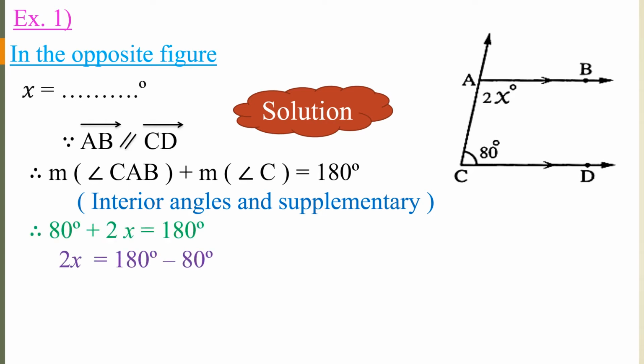Then 80 degrees plus 2x equals 180, so 2x equals 180 minus 80 degrees. Take 80 degrees to the other side with the opposite sign. 2x equals 100 degrees, then x equals 100 divided by 2, then the value of x equals 50 degrees.